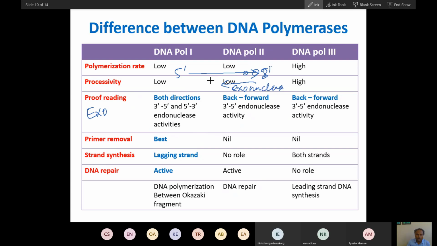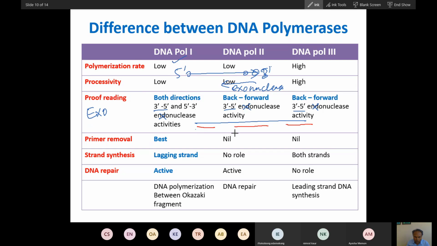So all have 3 to 5 exonuclease activity. This DNA polymerase has one more capacity: it can also remove bases from 5 to 3 prime, because it is active at the Okazaki fragments, between Okazaki fragments.